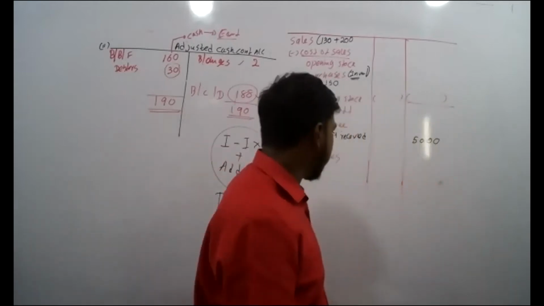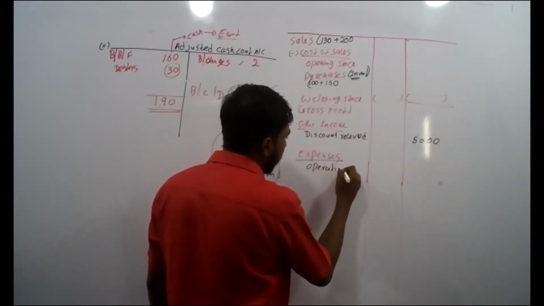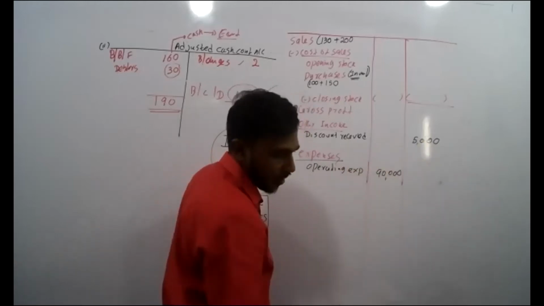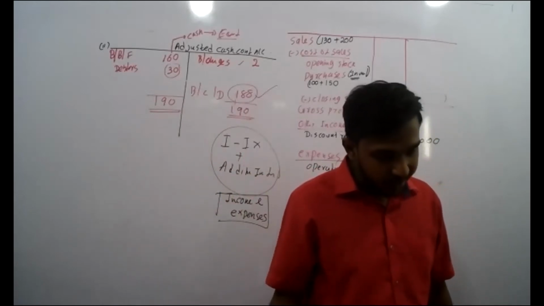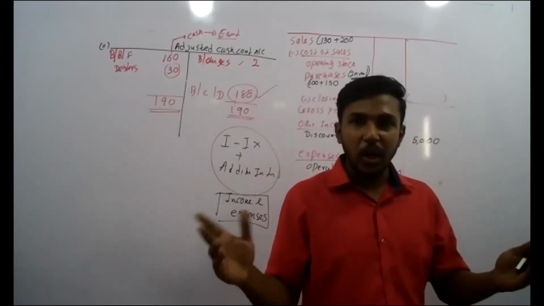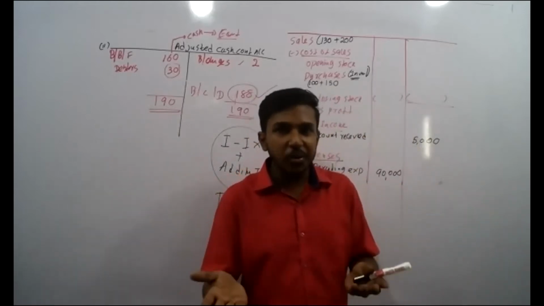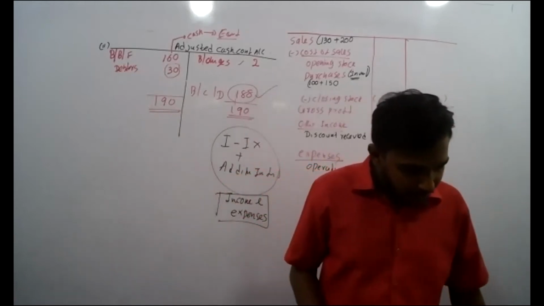Paid operating expenses 90,000. Right? The next one is received 150,000 from debtors and this amount was deposited in the bank. No impact on income or expenses. If there was a discount allowed, we could have taken it here as an expense. It's not there, so nothing to worry.